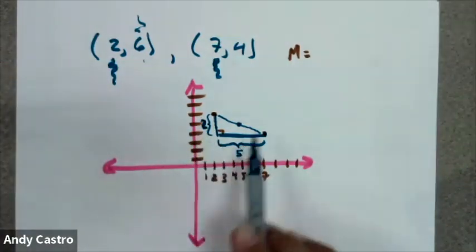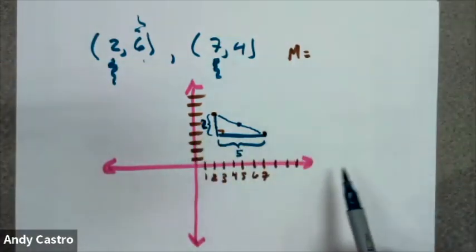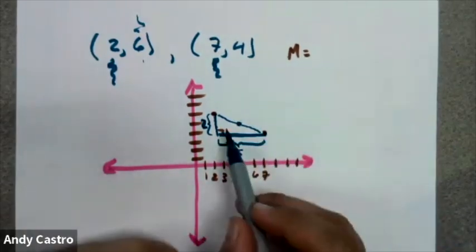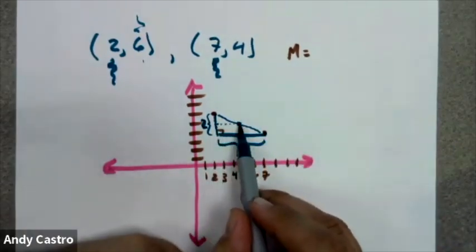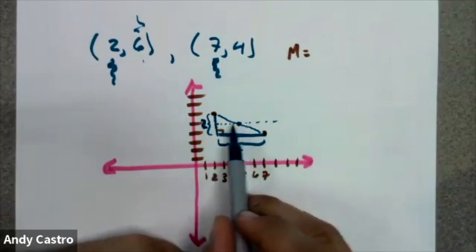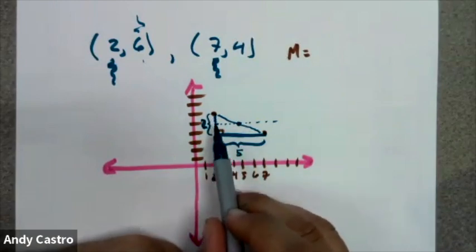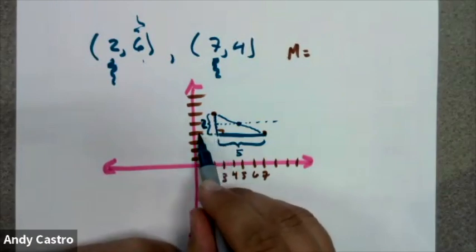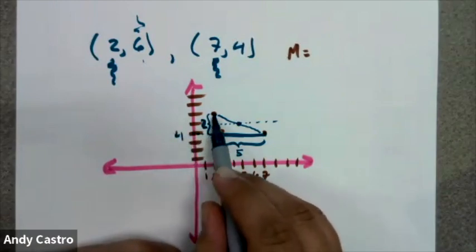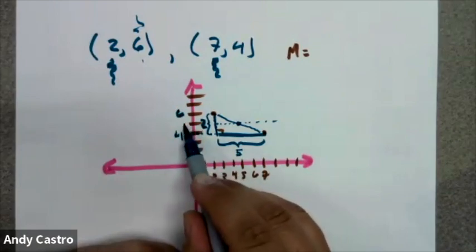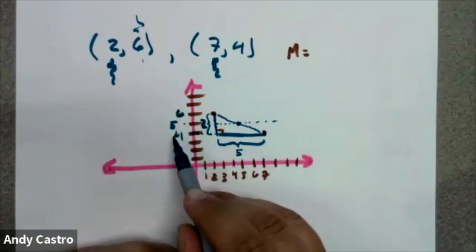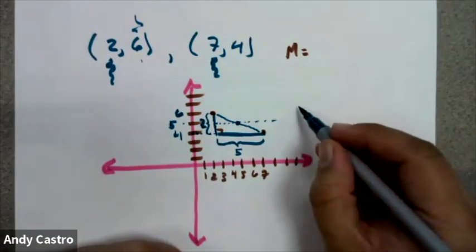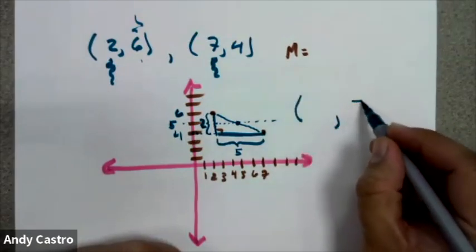So those are the distances there. We could very easily calculate that distance, but I want to look at this logically. So my y actually would be pretty easy because the distance is 2. Obviously, it's only 1 in between. So if this y here is 4 and this up here is 6, what's in the middle is 5. So the y part of this is really easy. That's 5.